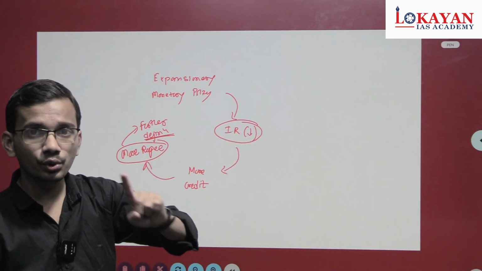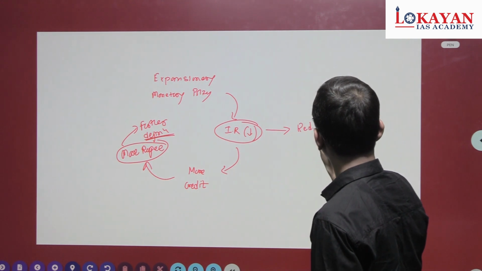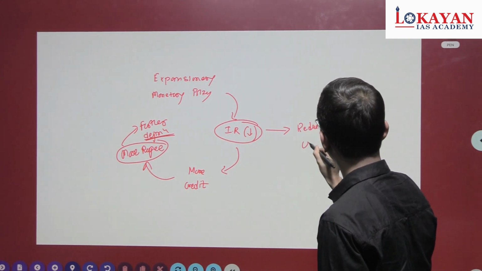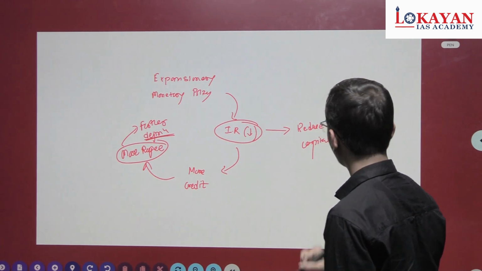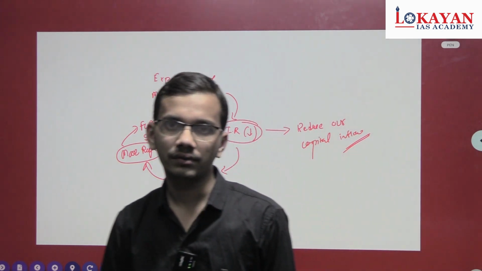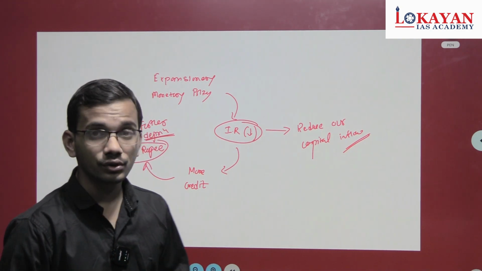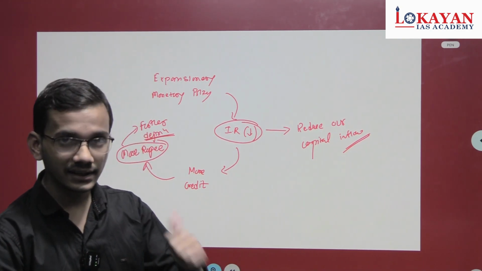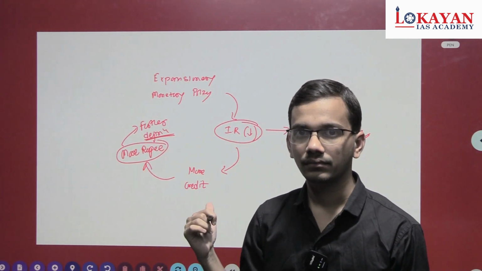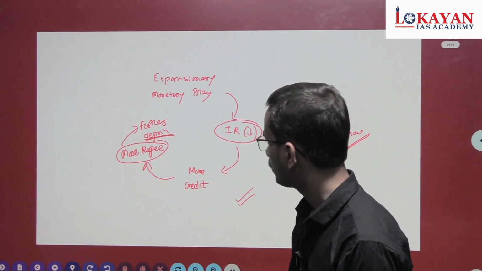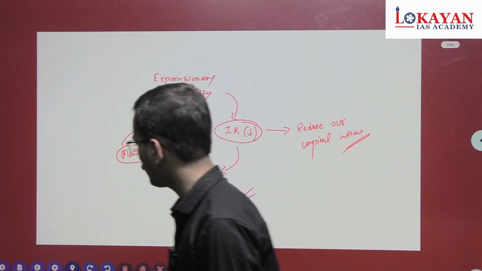This will reduce our capital inflow, that is the incoming of dollars. So dollar supply will be reduced, and overall rupee will depreciate further. That's the reason why this is the most unlikely step. Understood? Understanding the incorrect statements is also very important. Okay, let's move to the next question.